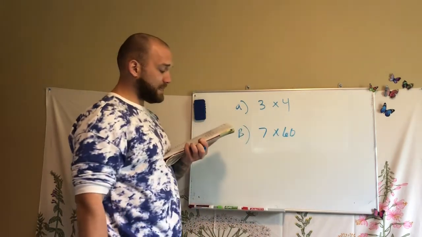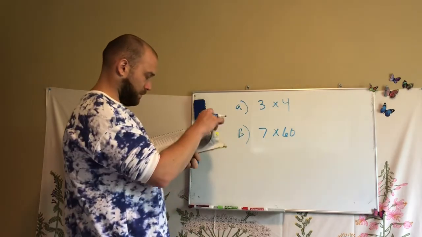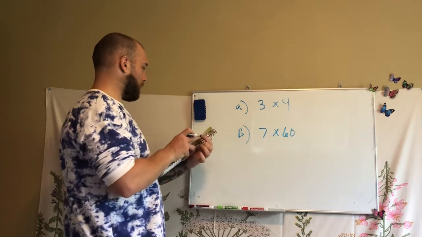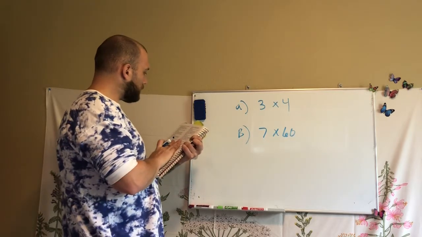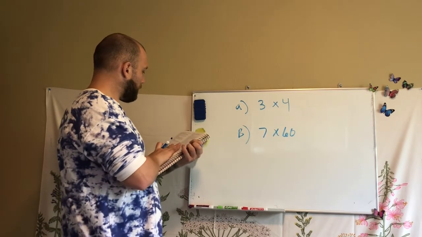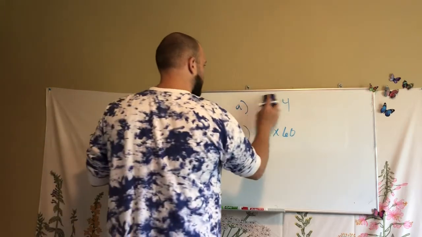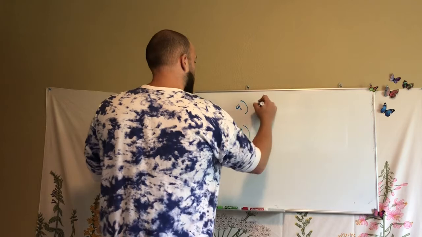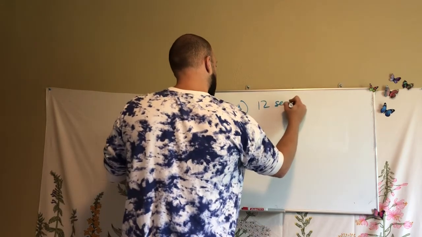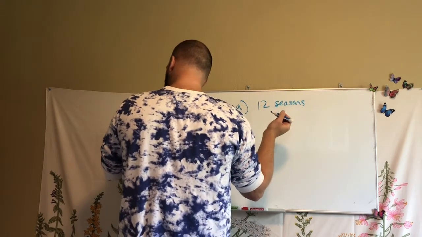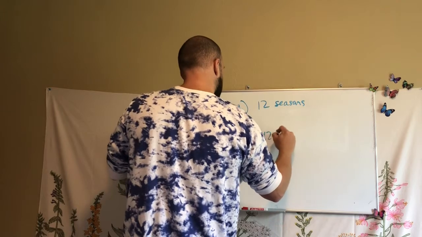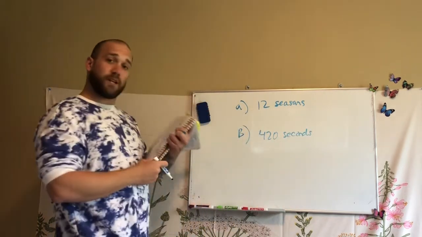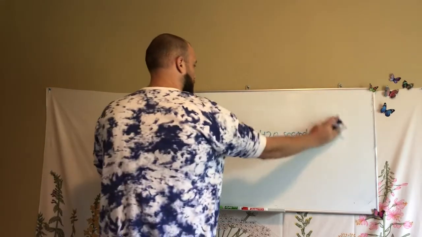I'll let you do C and D on your own. So, what you should have for answers A and B are 12 seasons and 420 seconds. The rest I'll check in when you turn in your work.